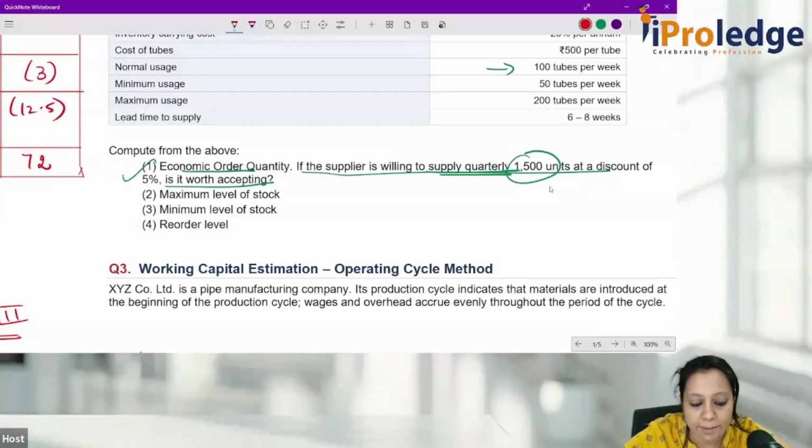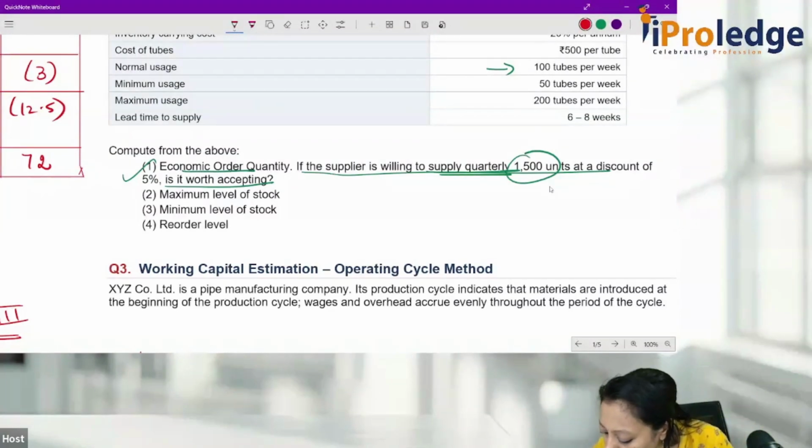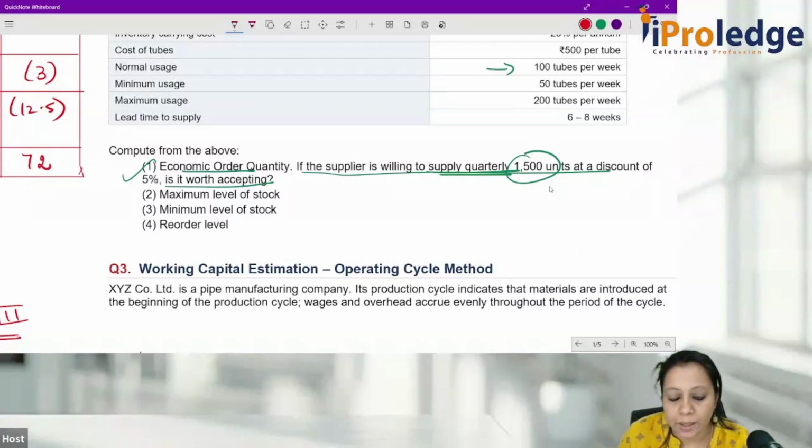Now, maximum level, minimum level, and reorder level. This also we will do. Okay.